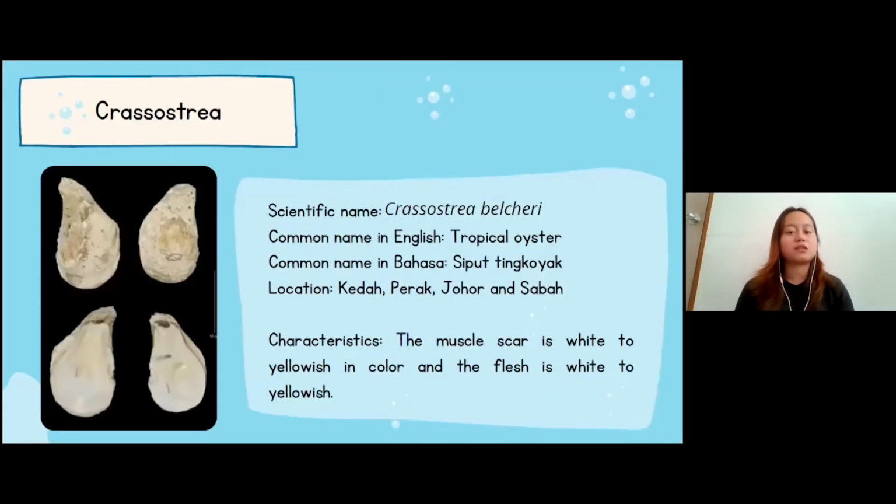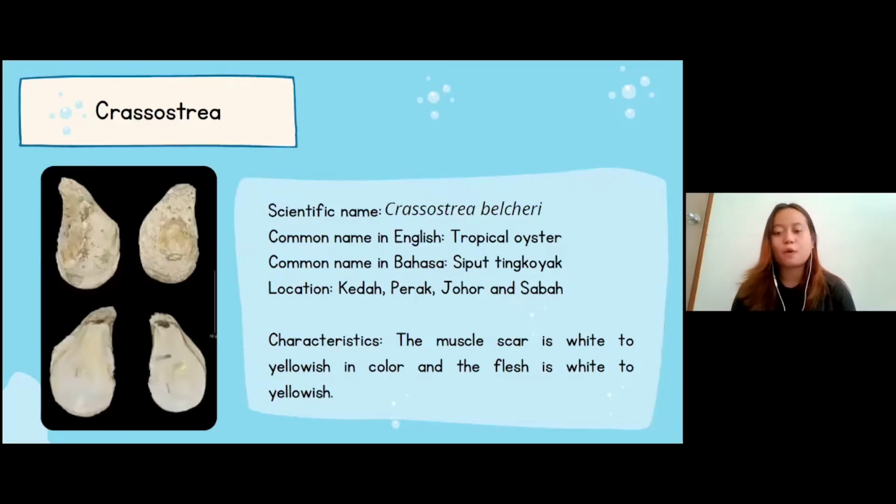For the second species of genus Crassostrea we have Crassostrea belcheri, with the common name tropical oyster in English and siput tiram in Bahasa Melayu. This oyster is most common in the mangrove systems of the west coast of Peninsula Malaysia, which is Kedah, Perak, and Johor.